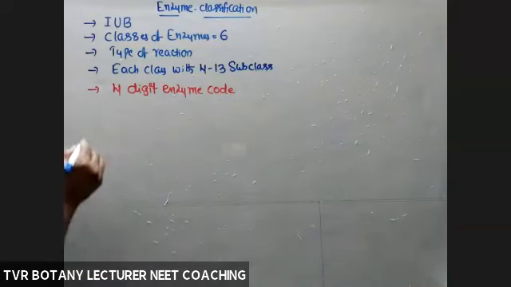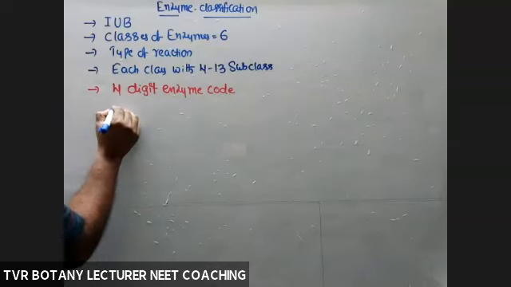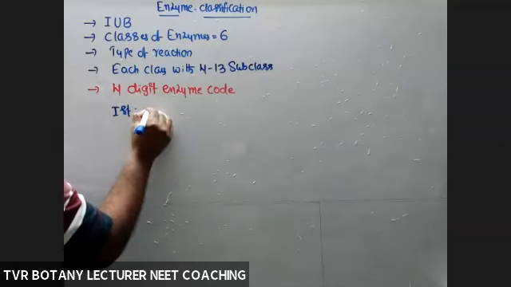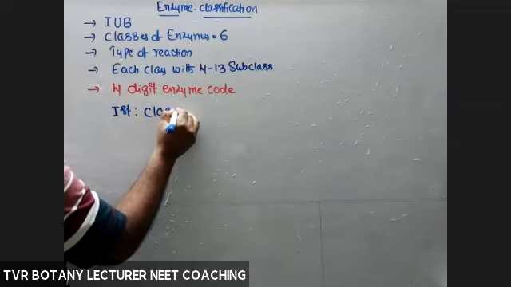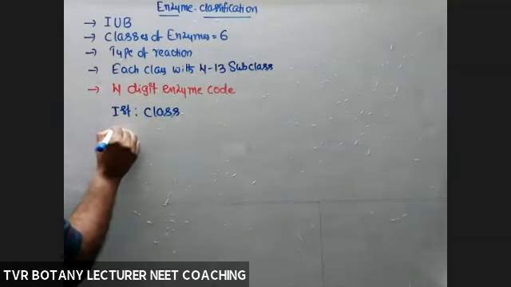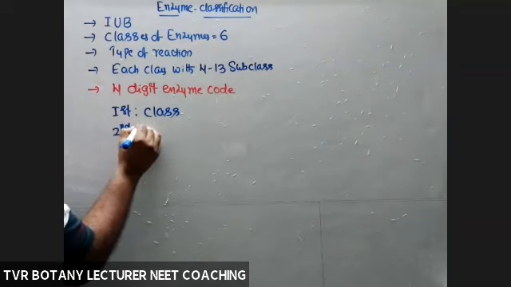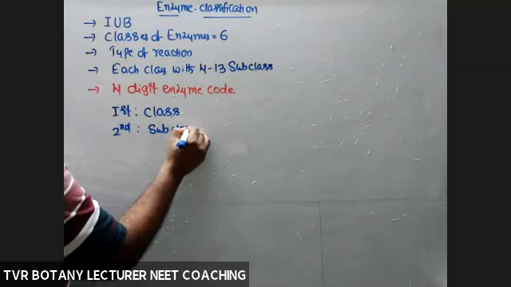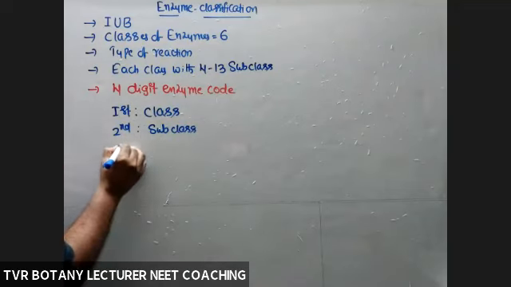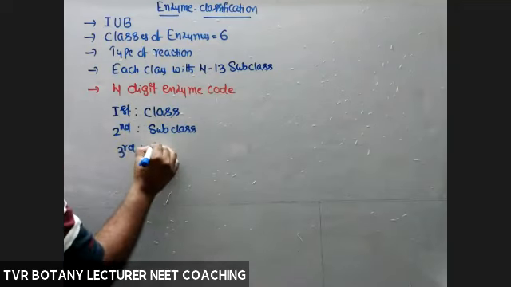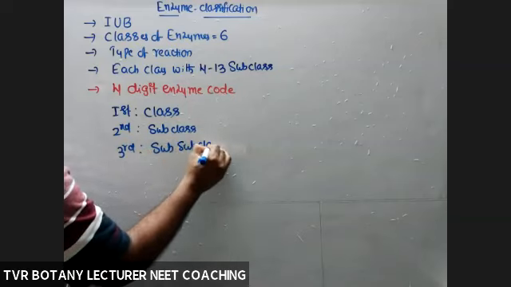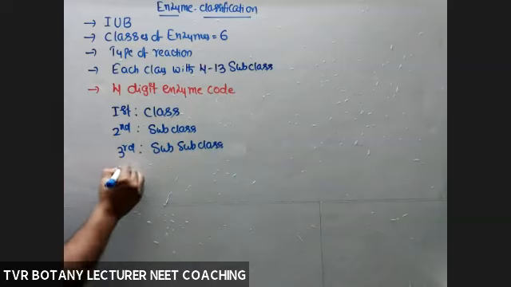First digit represents the class of that enzyme. Second digit, the subclass of that enzyme. Third digit, the sub-subclass.